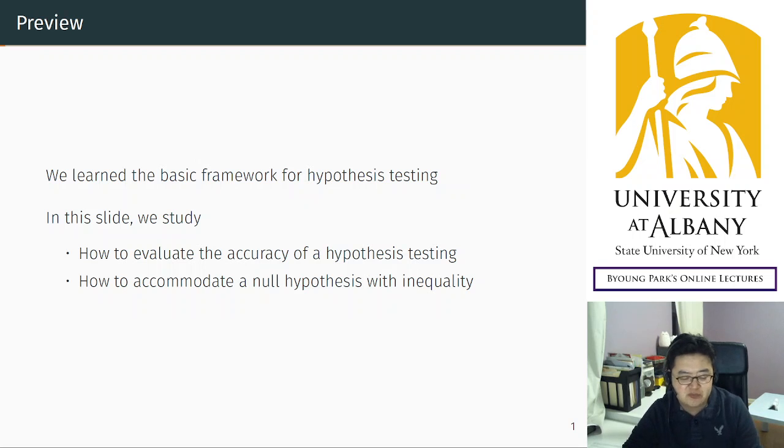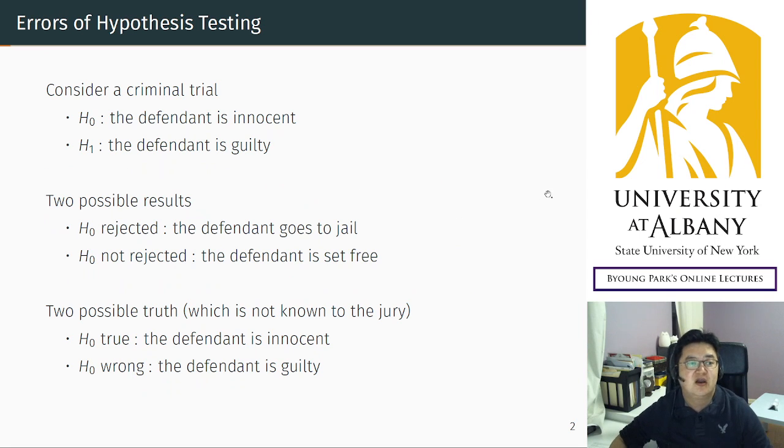In the previous chapter, we considered very simple hypotheses, but if the hypothesis involves some inequality, we have to consider a different method. So that will be the second part of this chapter. Let's start from the first one, how to evaluate the accuracy.